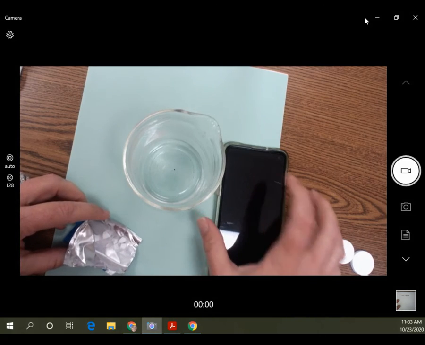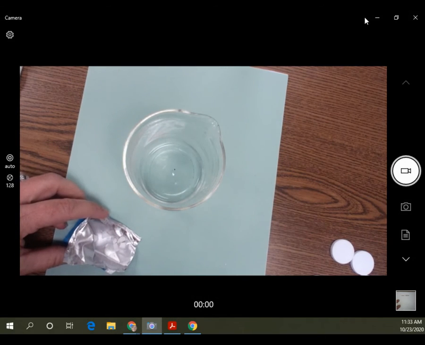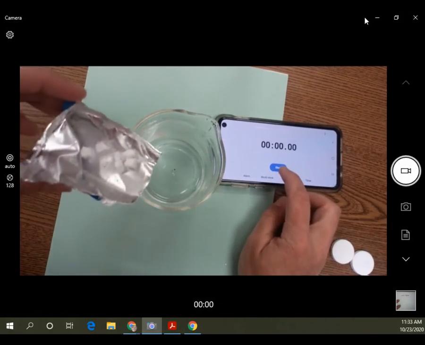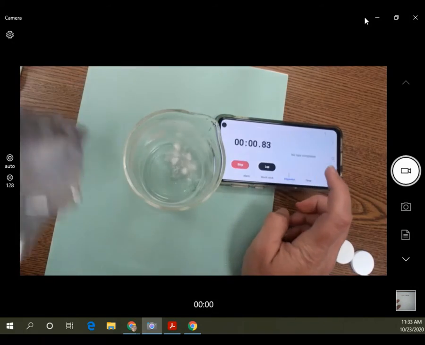All right, so let's get our stopwatch started. I guess it wants to go that way right now. Ready, set, go.